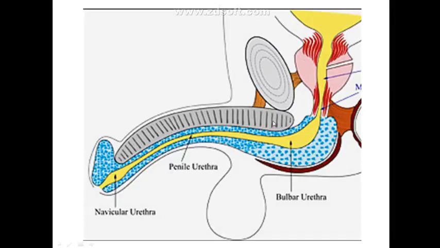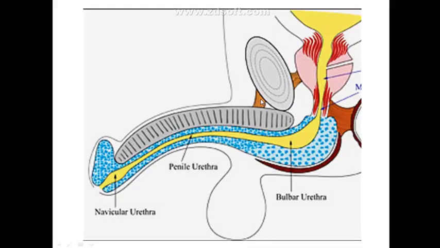We may add that you can see this is the pubic symphysis, a section through the pubic symphysis, and here you can see how the root of the penis has a junction with the body below the pubic symphysis. Also you can see that the body of the penis, the movable part of the penis, is suspended from the pubic symphysis by a ligament which is called the suspensory ligament.